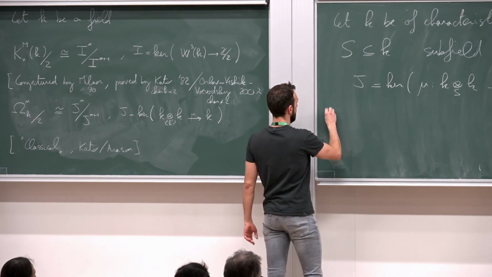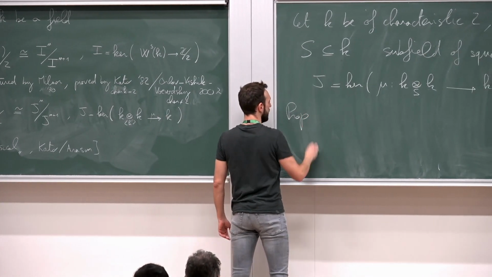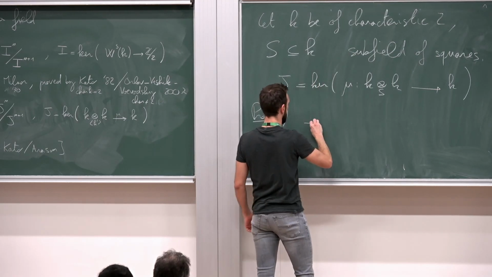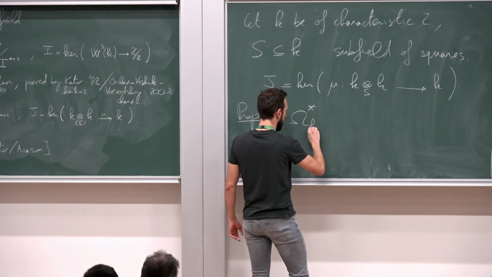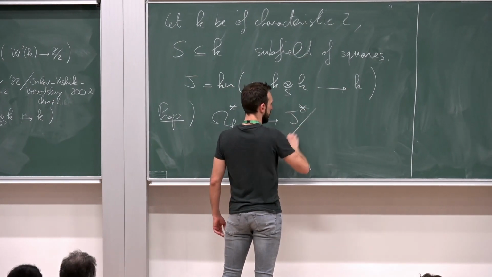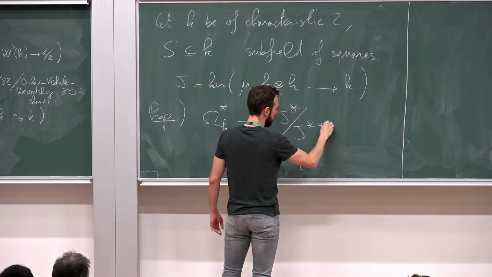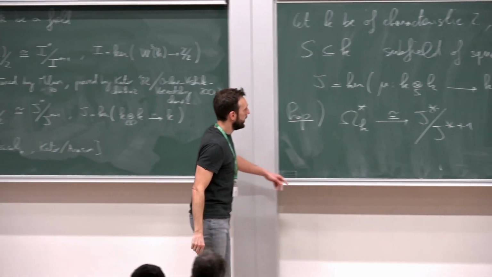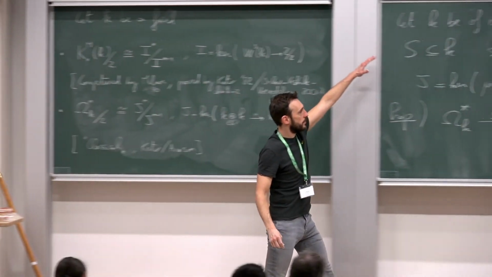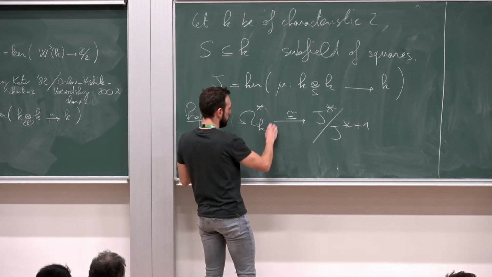And then there's a proposition, it's not even a theorem, that the de Rham complex of K is isomorphic to the graded associated to the power filtration from this ideal. Now, I stated this mod 2. If K is of characteristic 2, I don't need to mod out 2, since 2 is 0 in here.